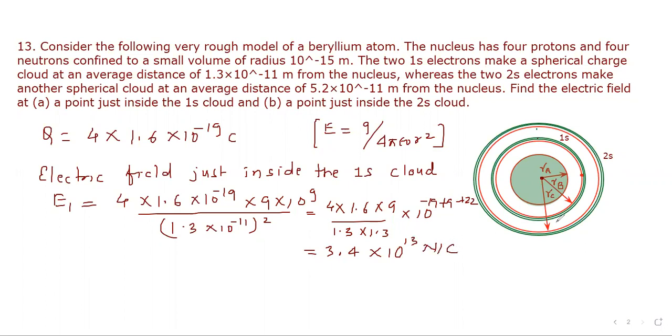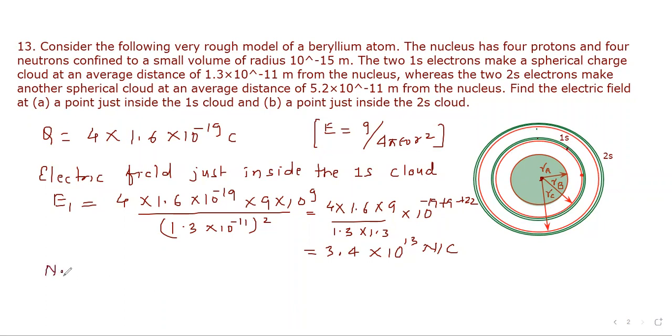Now consider the second case. Electric field just inside the 2s cloud. So this time the distance will be Rc, and Rc will be 5.2 into 10 power minus 11 meter. And the net charge is that due to the 4 protons reduced by the charge due to the two 1s electrons.